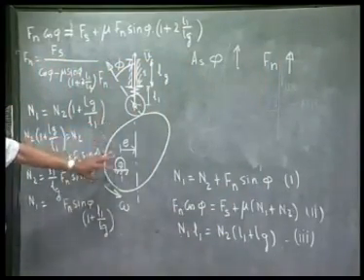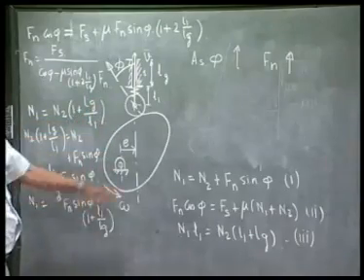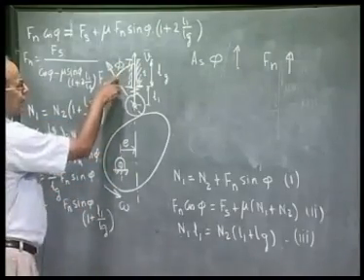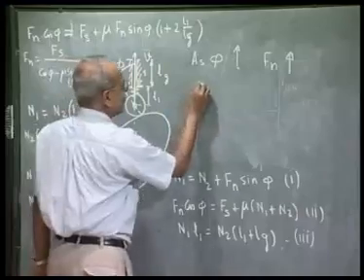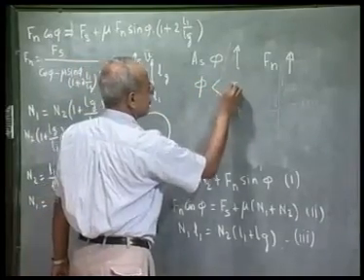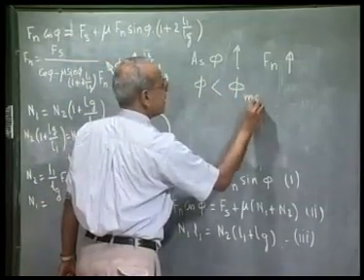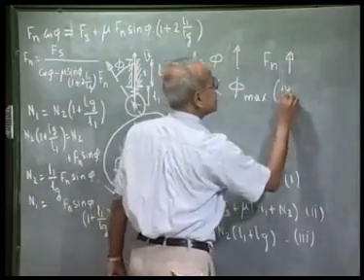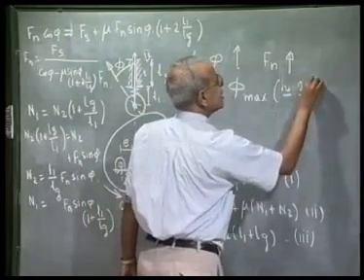Consequently, to have Fn within reasonable limit for smooth operation, I must not have phi too high. That is, phi should be less than some phi max, which we said is normally around 30 degrees.